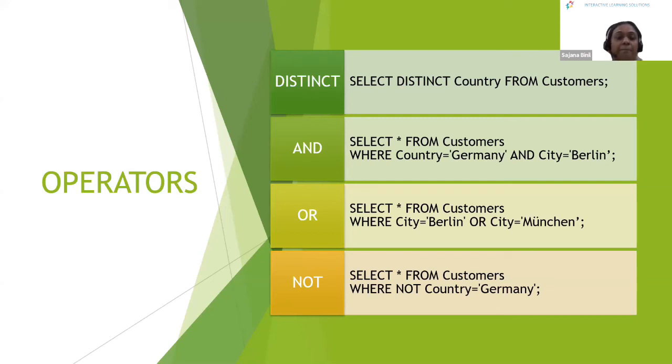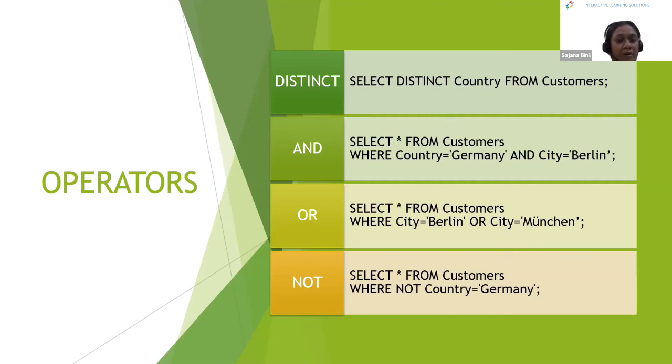Then I can go to the front end system and see whether that's resonating with what I saw in the backend. And then you can use an or clause if you want to see where city is equal to Berlin or city is equal to some other place, a combination of two locations to search for.